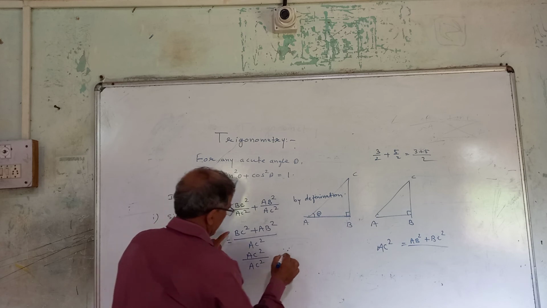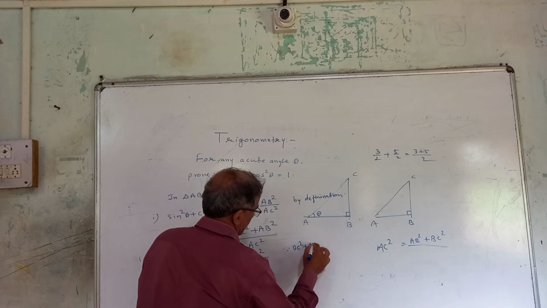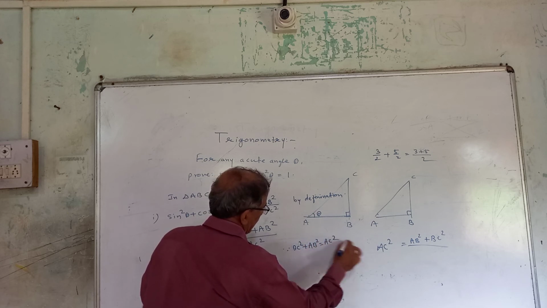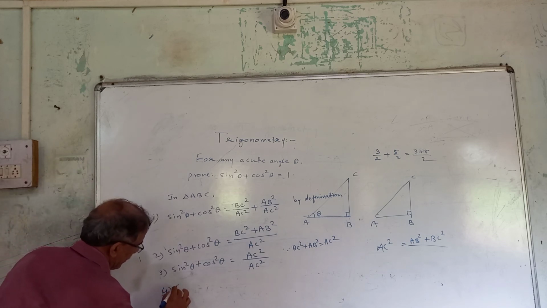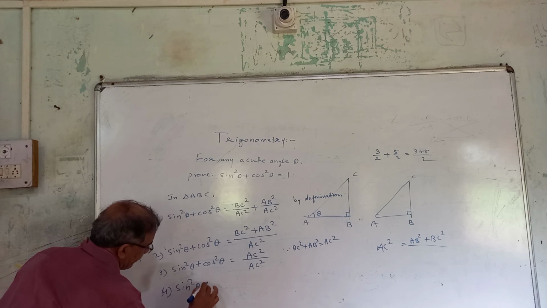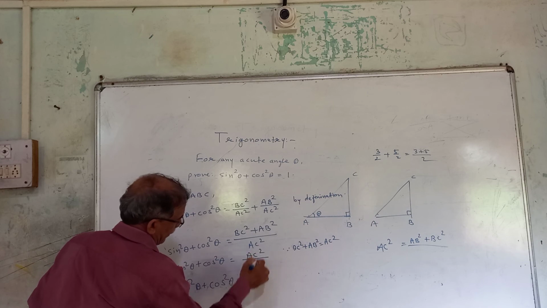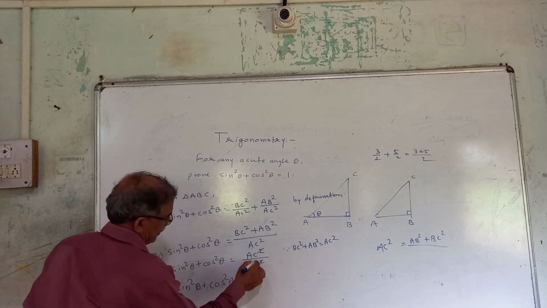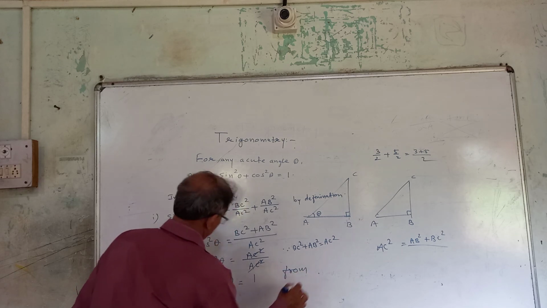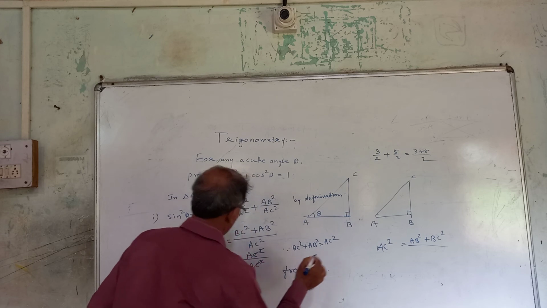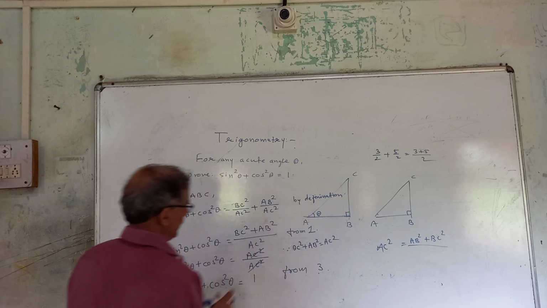You can write here since by Pythagoras theorem, BC square plus AB square is equal to AC square. Therefore you can substitute it. And now fourth statement, we can get the answer. Sin square theta plus cos square theta is equal to AC square upon AC square. So that will get cancelled, numerator and denominator, and it is equal to 1, from statement 3. If you want, you can write from 1.